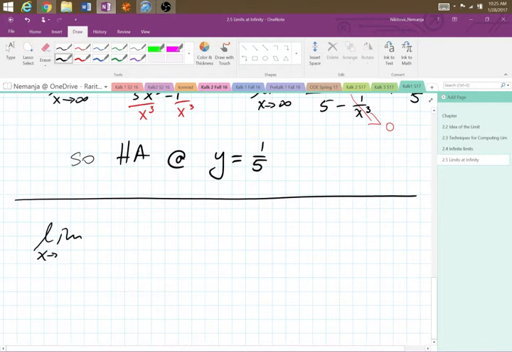Limit as x approaches negative infinity of x to the 5 minus 9x plus 3 divided by 4x squared minus 11. Yeah, good enough. You know what to do.